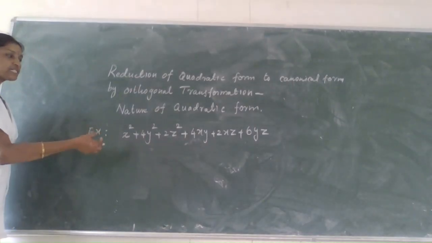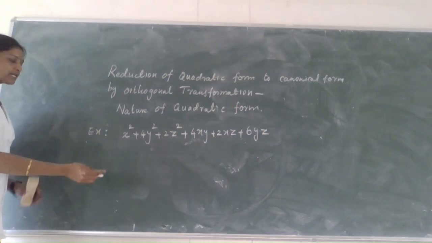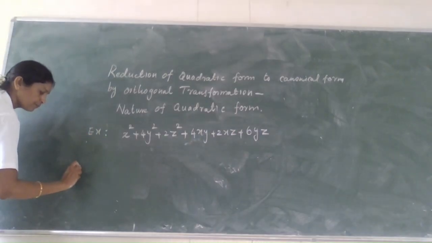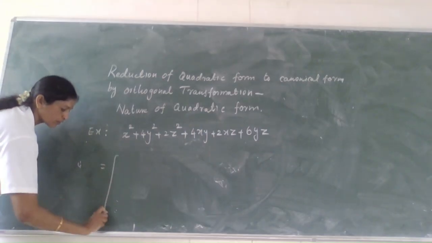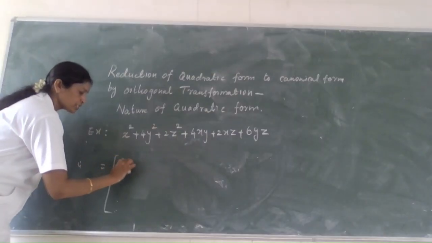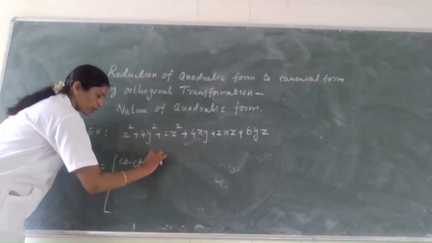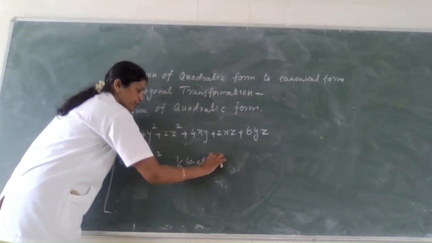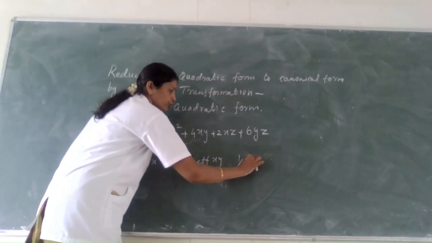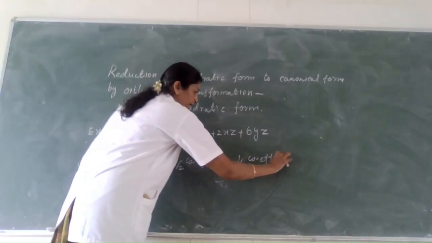So now what is the formula to form a matrix format? That is, the matrix of quadratic form is coefficient of x square, 1 by 2 into coefficient of xy, 1 by 2 into coefficient of xz.